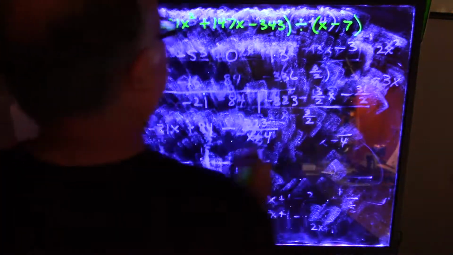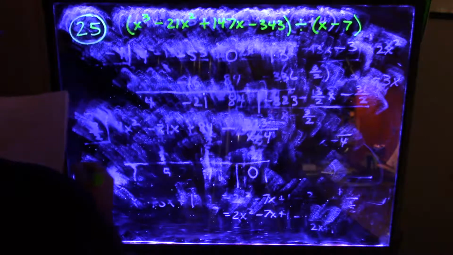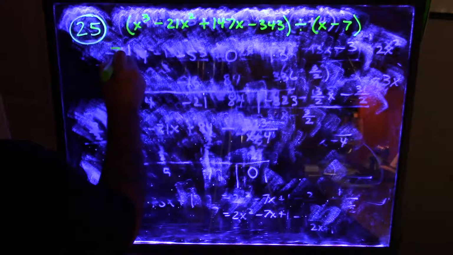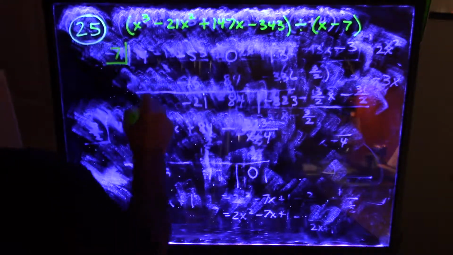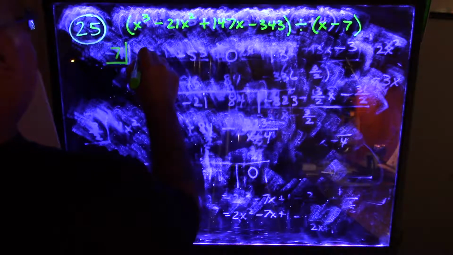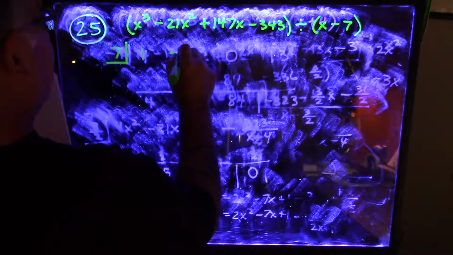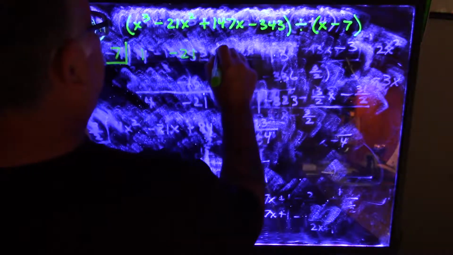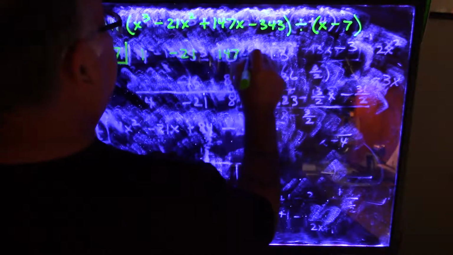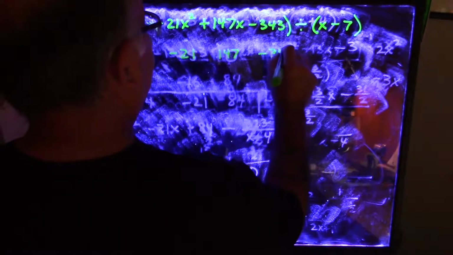Okay. So put the 7 up in the upper left corner. And the coefficients, you got 1, negative 21, 147, negative 343.